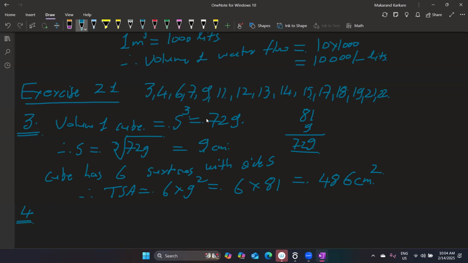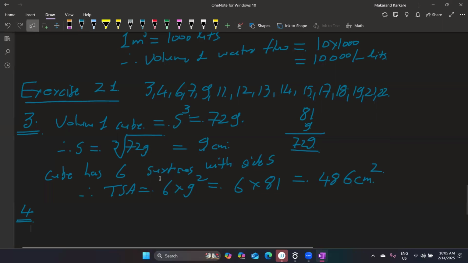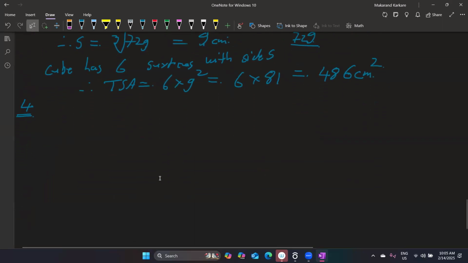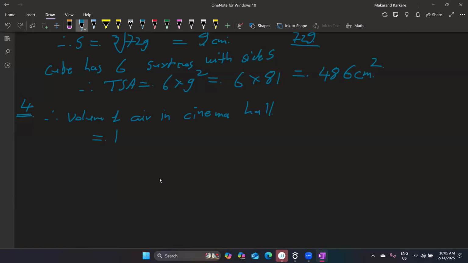The dimensions of a cinema hall are 100 meter, 60 meter, and 15 meter. How many persons can sit in the hall if each requires 150 meter cube of air? So what is the volume of air in the cinema hall? 100 into 60 into 15.